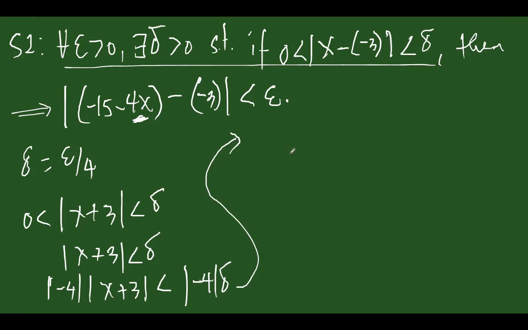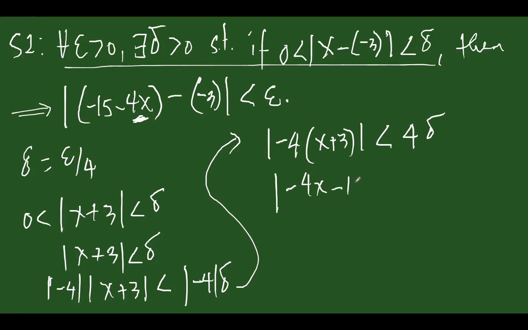So we can combine this using the property of absolute value. That's the absolute value of negative 4 times x plus 3 is less than 4 delta. Why 4 delta? Because the absolute value of negative 4 is 4. Let's simplify: negative 4x minus 12 is less than 4 delta.